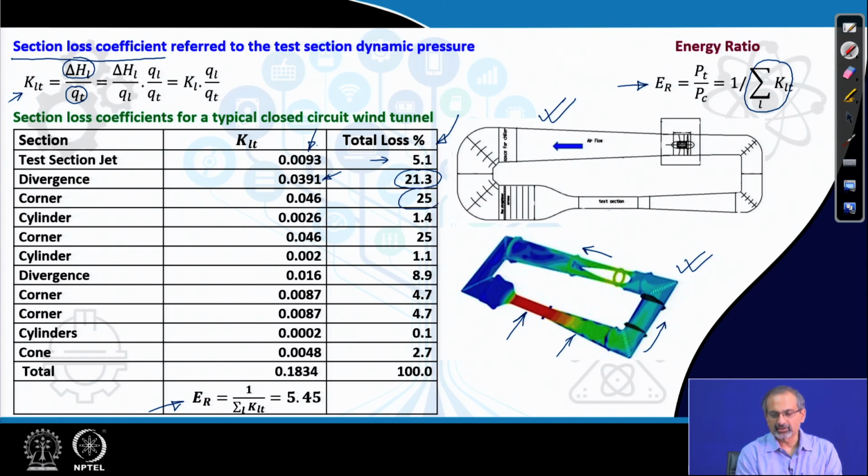A still higher loss is incurred at the corner here, and remember that in the test section, the flow was at the highest possible velocity within the wind tunnel circuit, and then it was gradually slowing down in the diffuser following the test section and then turning.